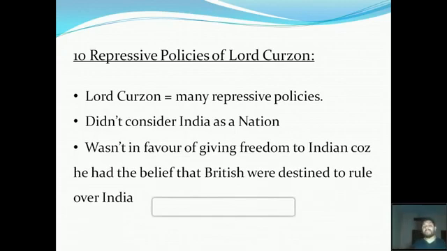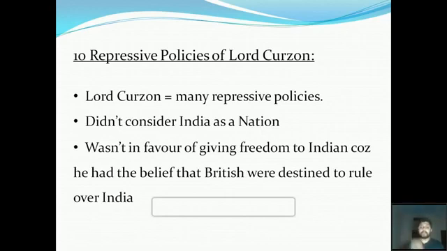He was not in favor of giving freedom to Indians because he believed that the British were destined to rule over India. He was never thinking about giving freedom to India because he believed it was the responsibility of the British to rule India.